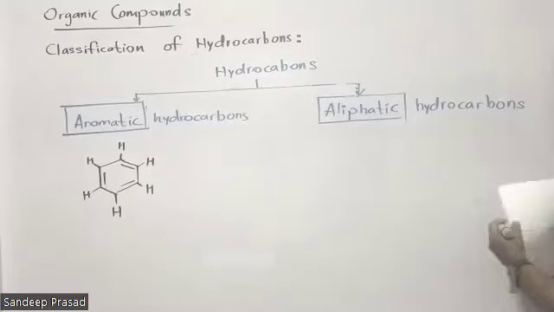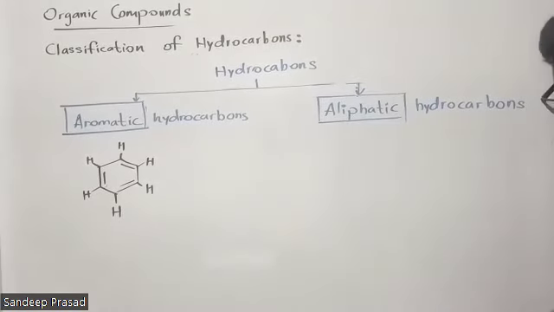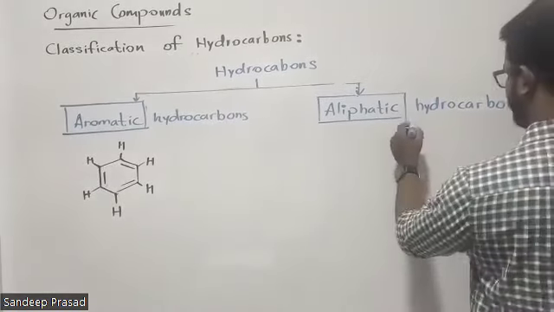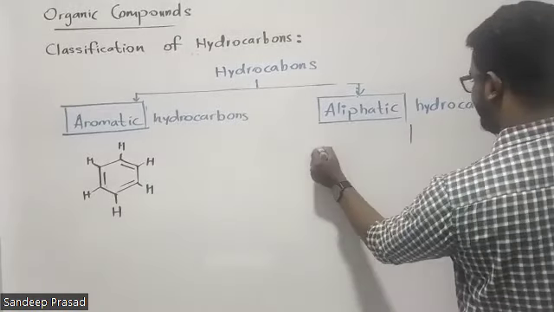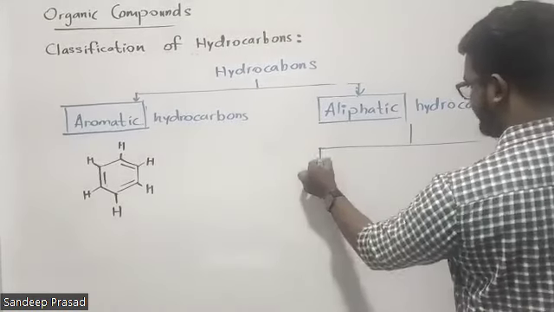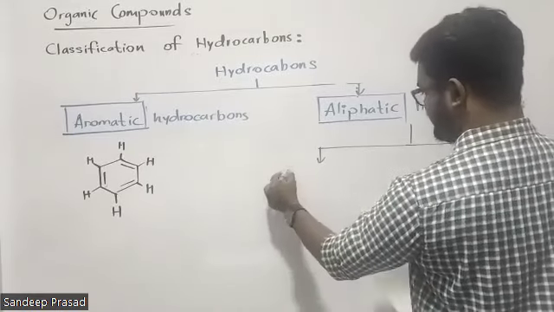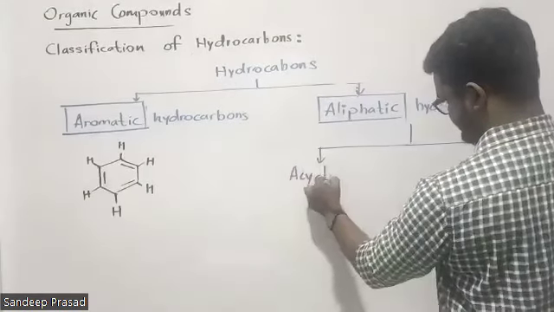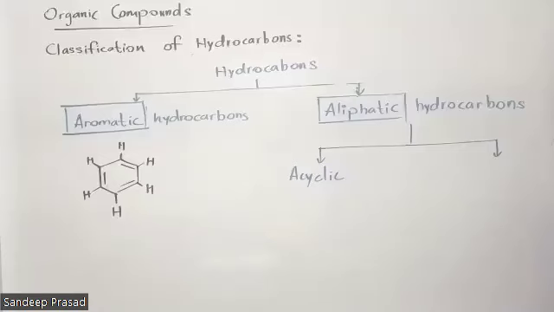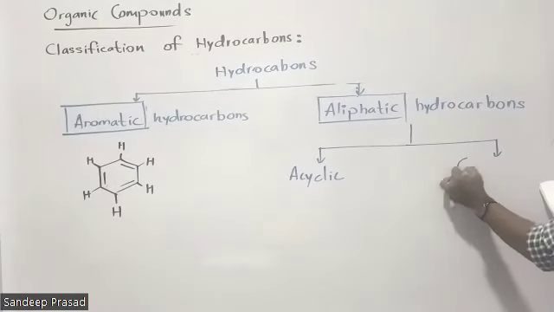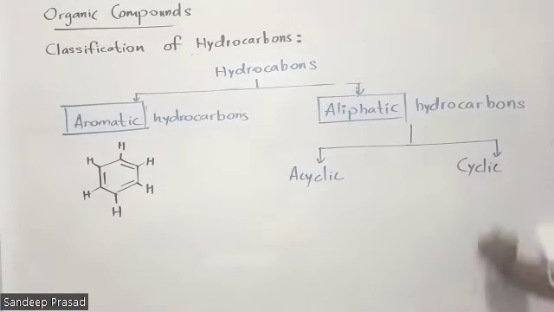Aliphatic hydrocarbons can be divided into two types. Look at this one. Number one is acyclic, and the second type is cyclic.